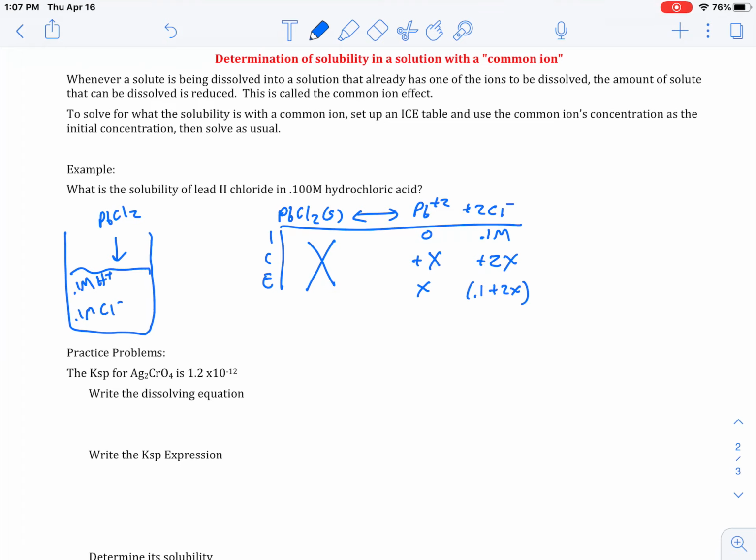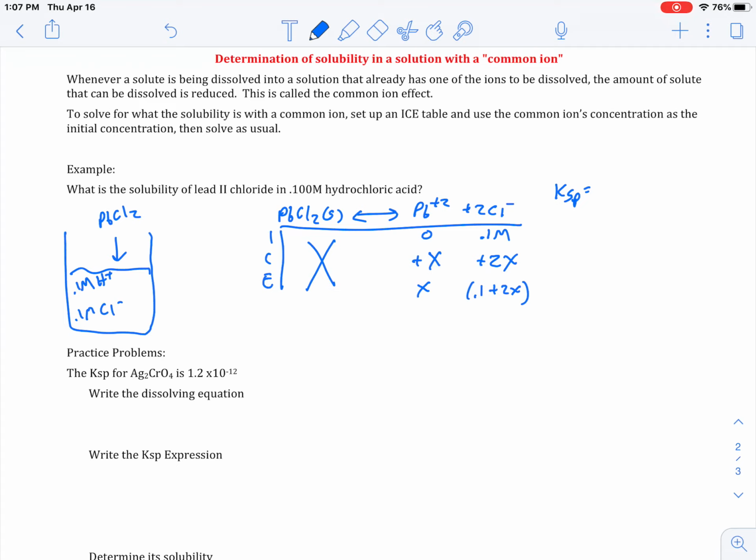So to solve for the solubility, we use the KSP value, which I don't remember off the top of my head. I need to look that up real quick. It was in a previous lesson, but it's not on this page. KSP, lead chloride.